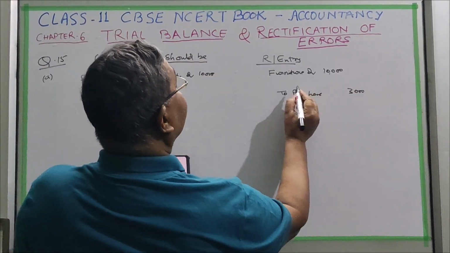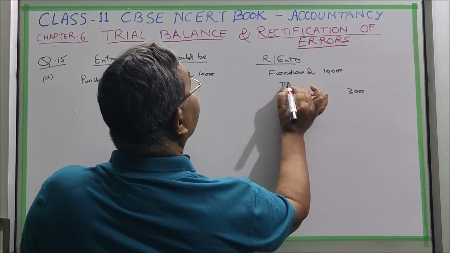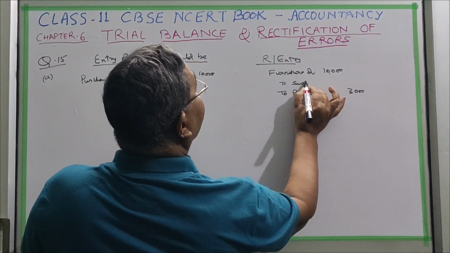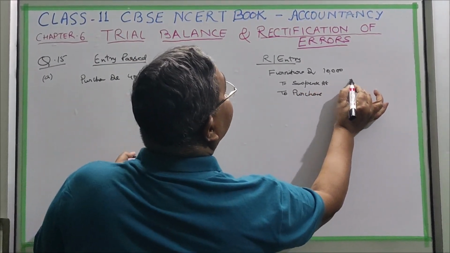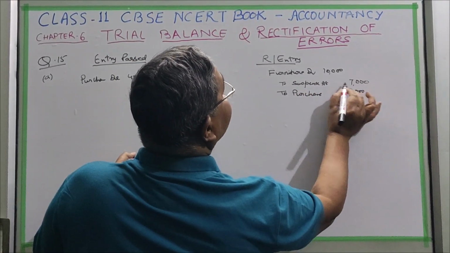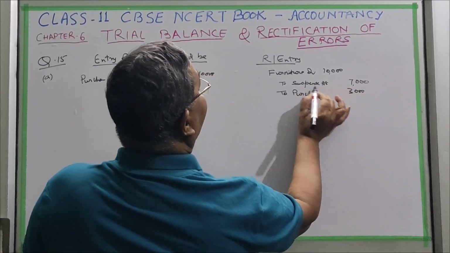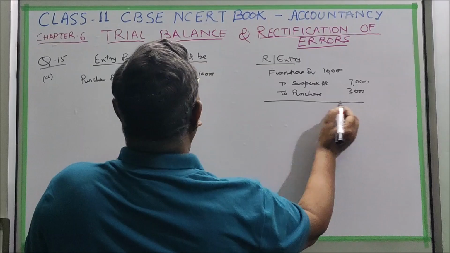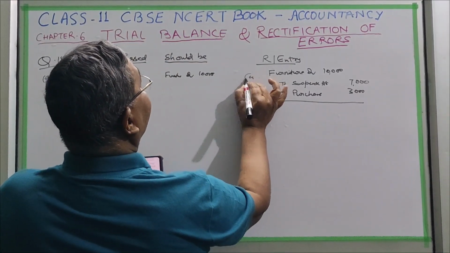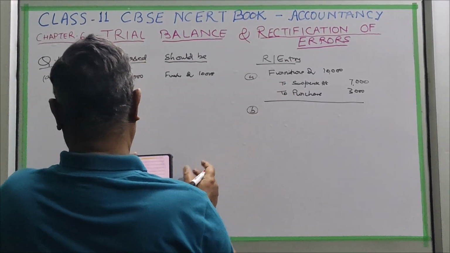Okay. And the difference comes here to suspense account, suspense account 7,000. Because this account is not locatable, it goes to suspense account. Okay. Now this A. Now B.